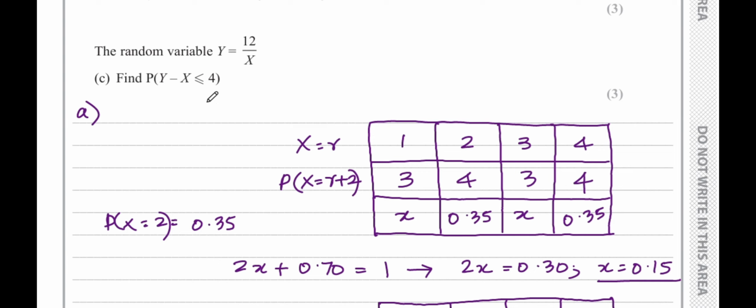The random variable Y is equal to 12 over X. Find probability of Y minus X is less than or equal to 4. So here it might look a little bit daunting, but it is just using the algebra. So Y is equal to 12 over X. So let's rewrite this. Okay, let me put it as question C. Probability of Y minus X being less than or equal to 4 when Y is equal to 12 over X. That's a condition, right?